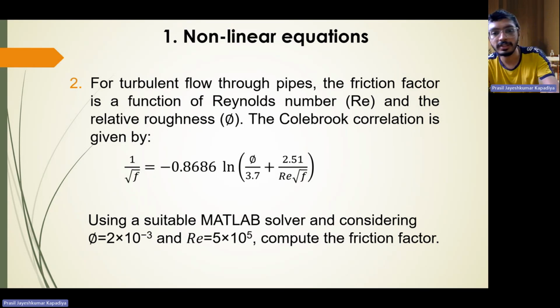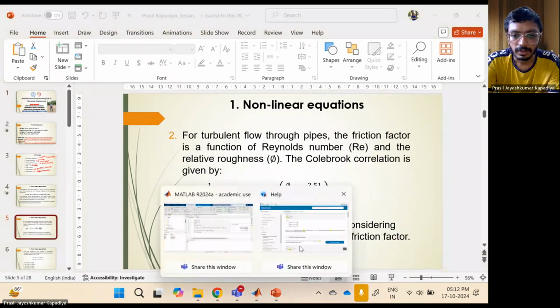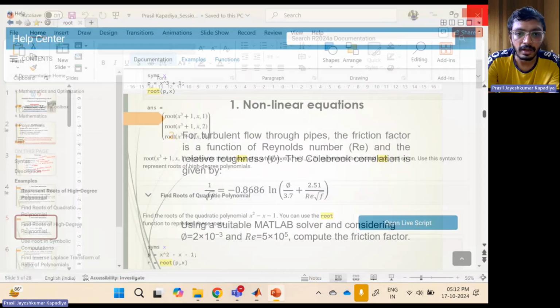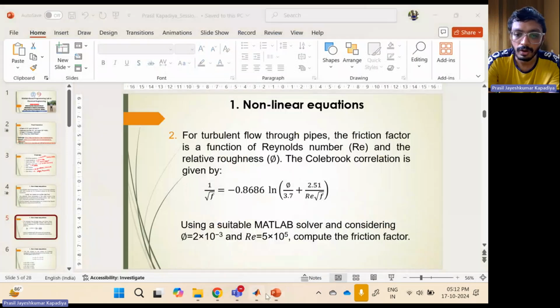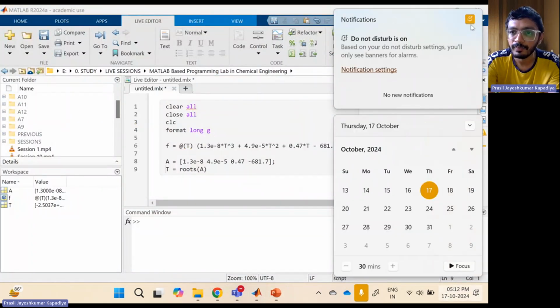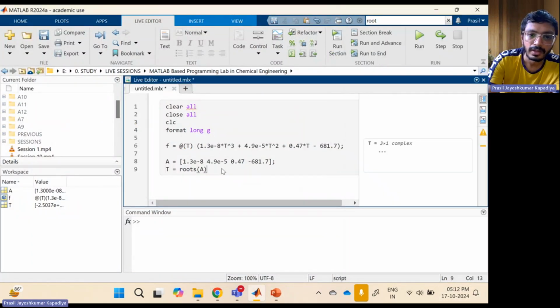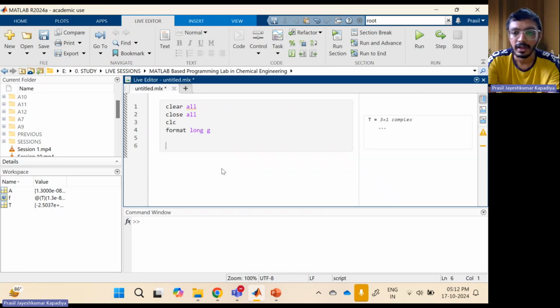So let's solve this problem. We have to solve for the friction factor f. I will clear this thing till here. So I'm writing fun is equal to, at the rate of f, we want to solve it for friction factor f.